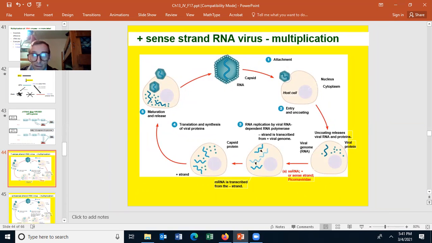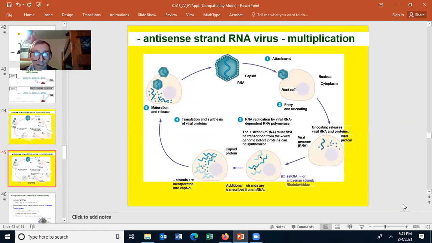All right, so let's look at the replication of a negative strand, single-strand RNA virus. It too merges with the cell membrane, gets inside the cell. The RNA is in the cytoplasm. This RNA cannot be immediately read by the ribosome to make viral proteins.